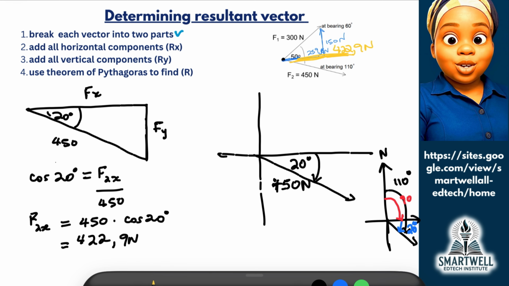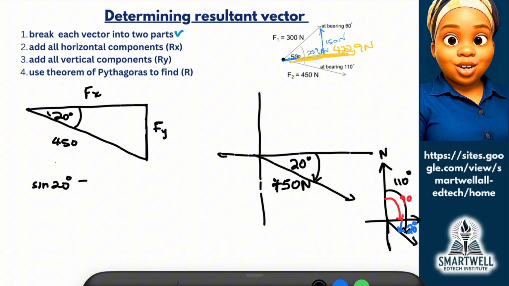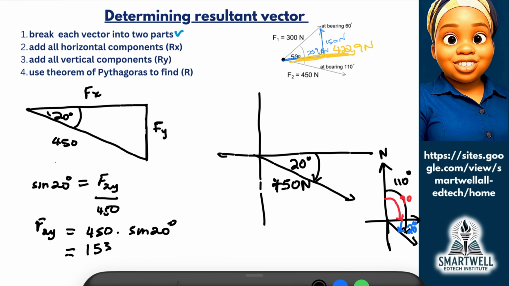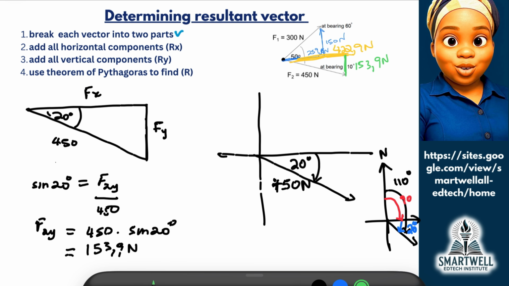For the y component, sine 20 degrees is equal to F2y divided by 450. Making F2y the subject of the formula, we get F2y is equal to 450 multiplied by sine 20 degrees. That gives me 153.91 newtons.